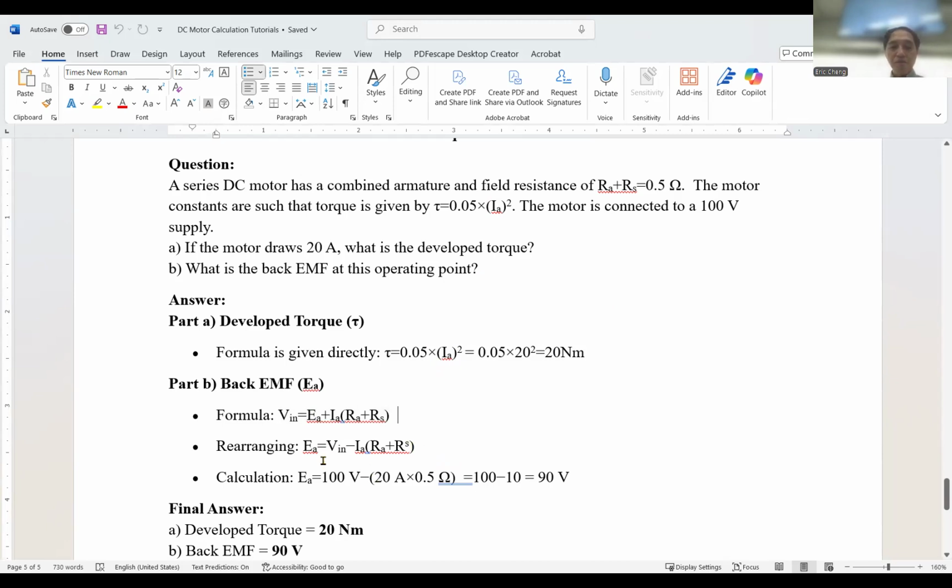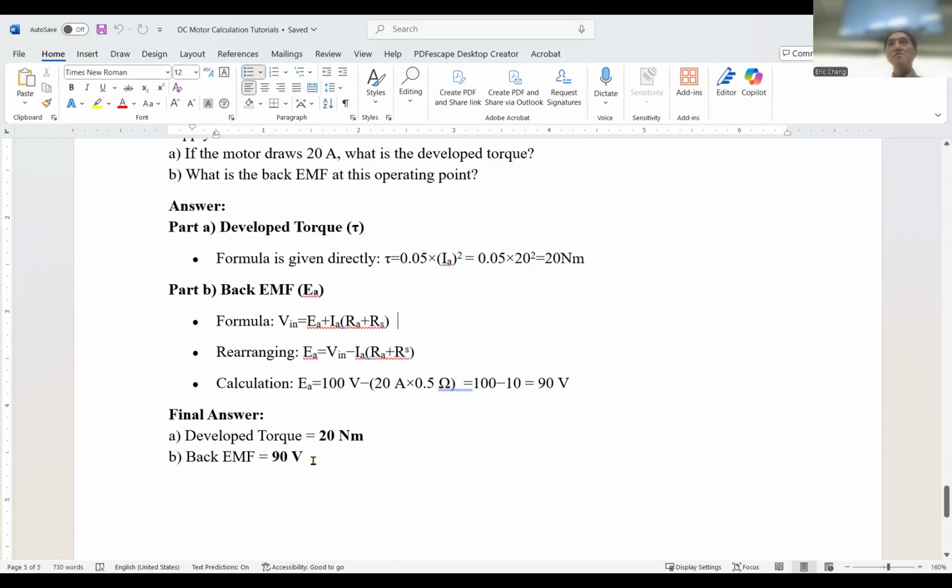So that means V minus the, I have a typo here, that should be a subscript, right? The total together is 0.5 anyway. So 20 A multiplied by 0.5 gives a voltage drop of 10 volt. So the actual voltage for the back EMF equals 90 volt. So that's all. The torque is 20 Newton meter. The back EMF is 90 volt.